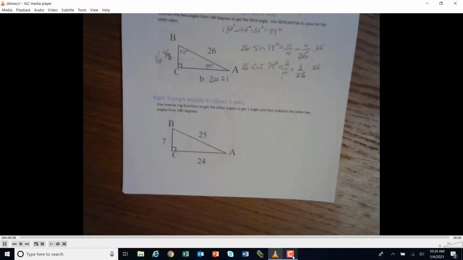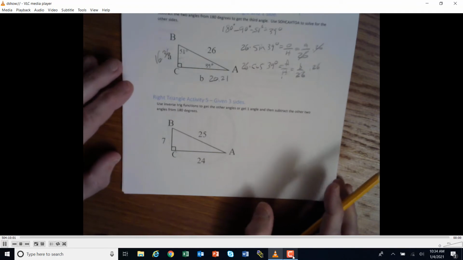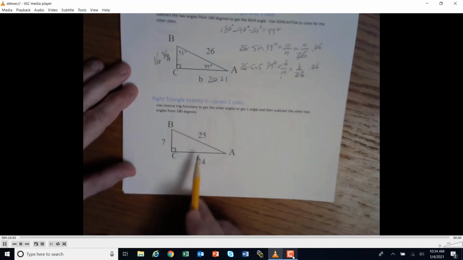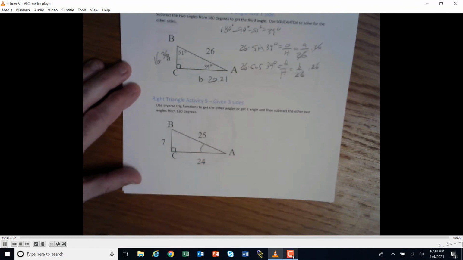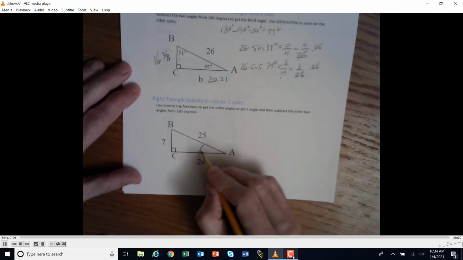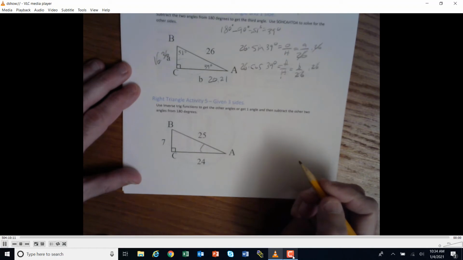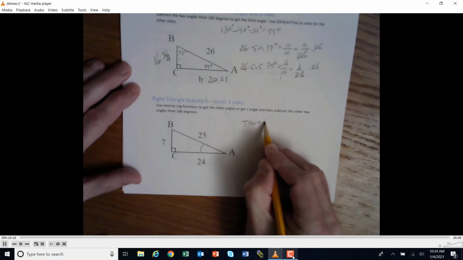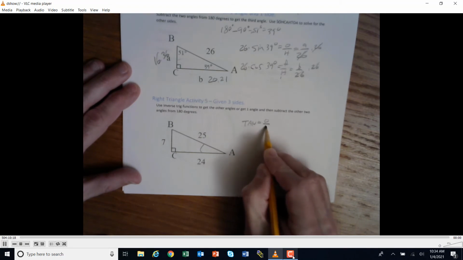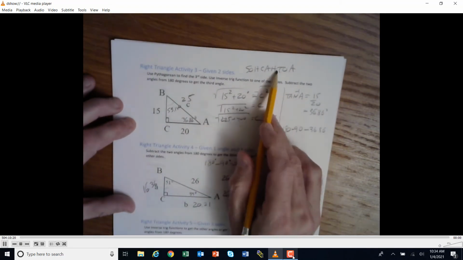Got another one here. Inverse trig to get the angles. So we've got all the sides, we just need the angles. And so we can pick this angle right here. If I have all these, a lot of times I just like to use the tan. Tan equals the opposite over the adjacent. That's TOA.